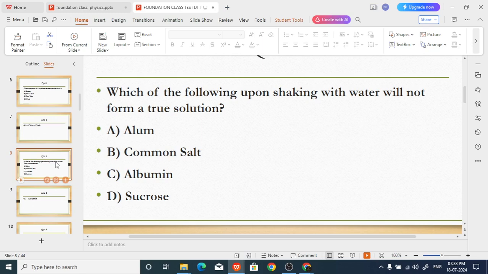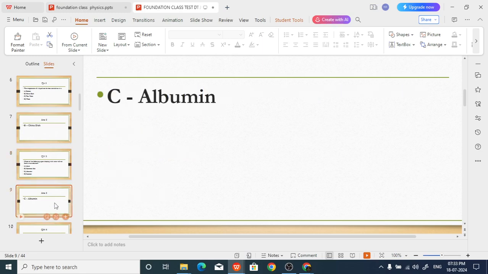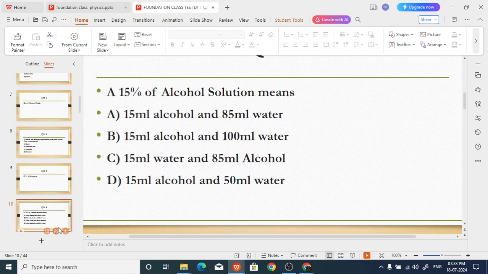So the answer is albumin, I think. Is it albumin? Albumin is the answer. Okay. Go to question number 4.